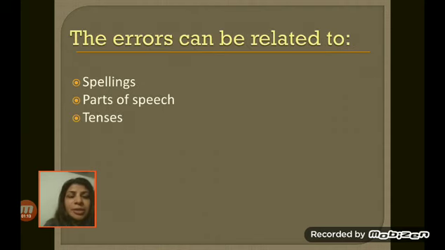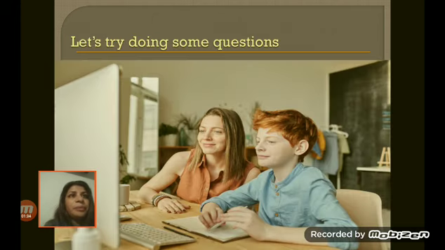And the errors are not only related to tenses but also spellings and parts of speech. Like a wrong part of speech may have been used, or determiners. When I say parts of speech, I've included everything: errors related to prepositions, adverbs, adjectives, everything, right?